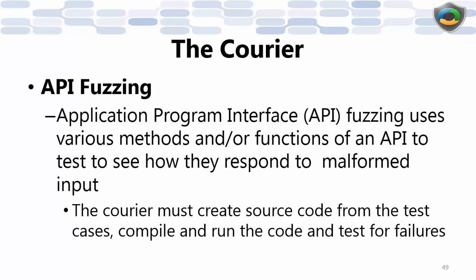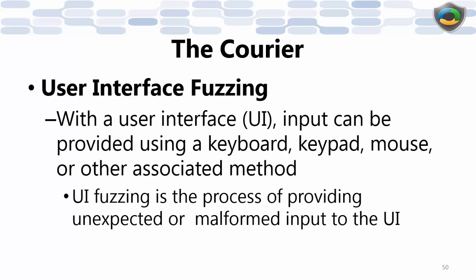You've got API fuzzing. Because you want to see how the API itself reacts to malformed input. And finally, you've got UI or user input fuzzing. And when you start to think about the way that all this stuff is set up today, again, I was reading an article on this, and they mentioned that there was an app, a touch screen application that a place had created.